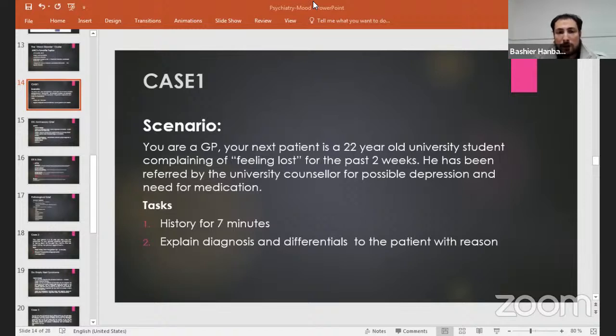I was also thinking, could this be a form of anxiety? But you didn't mention any anxiety generally. Also, could this be a psychosis induced by drugs or alcohol?